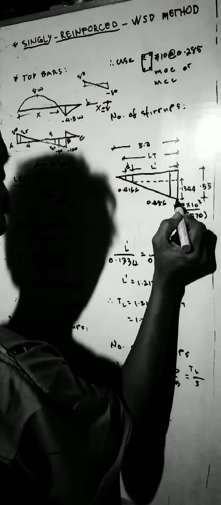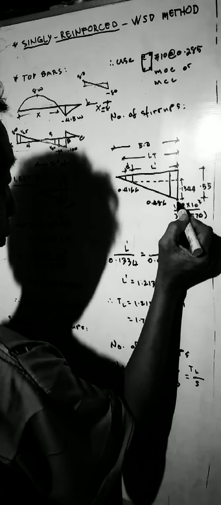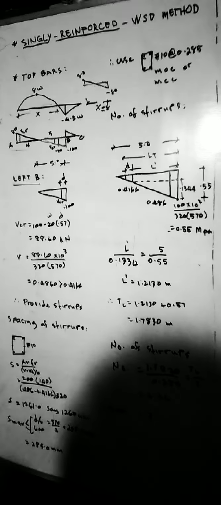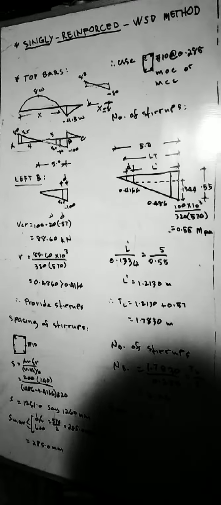Our maximum shear here is 100 times 10 to the third over bd. Computing that will give us 0.55. This is the maximum shear, 0.55.